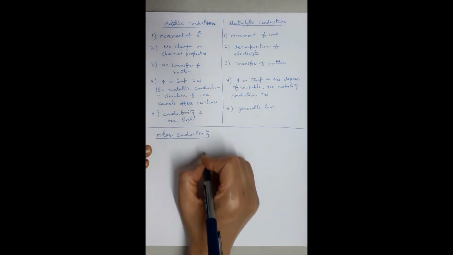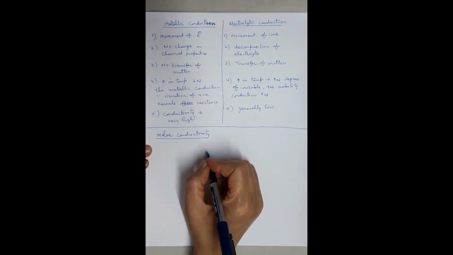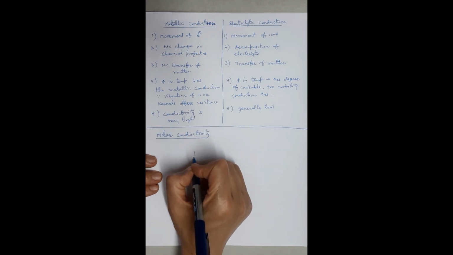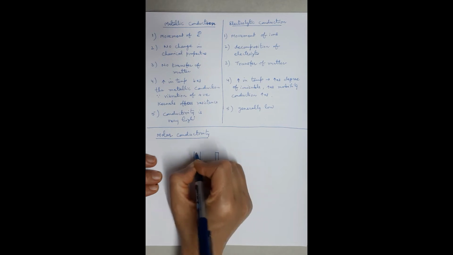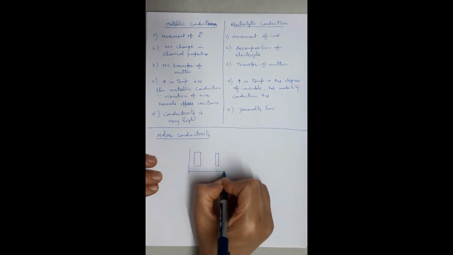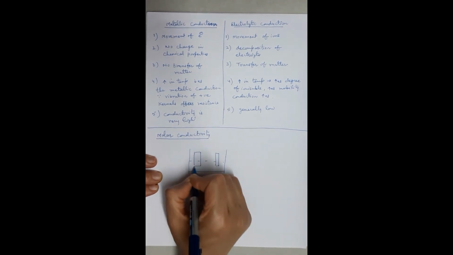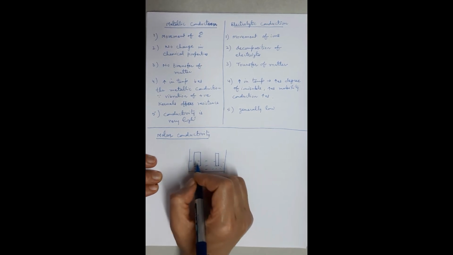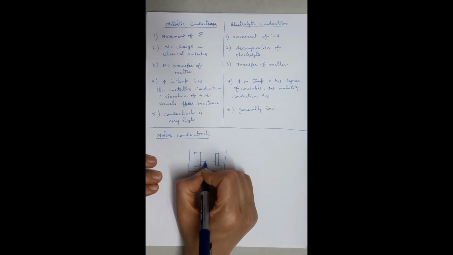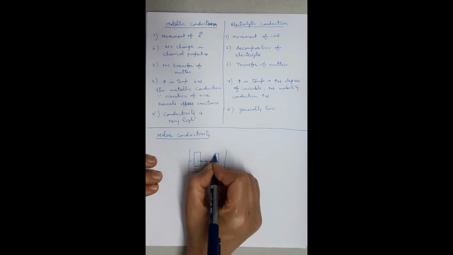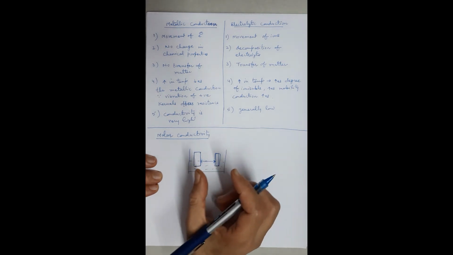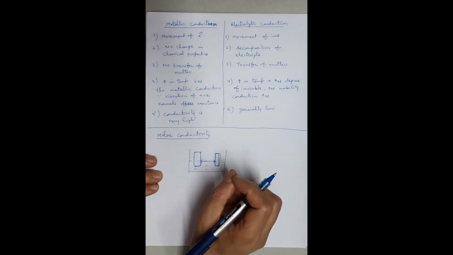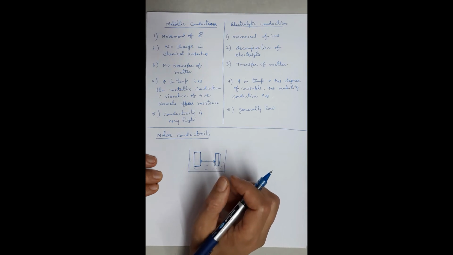Beta, what is molar conductivity? Generally they say if there are two electrodes kept in a solution, they should be at unit distance apart and their area of cross section is large enough to contain enough volume so that it may contain 1 mole of electrolyte.